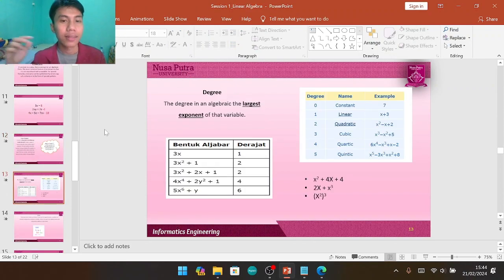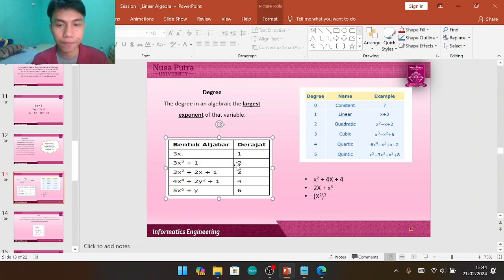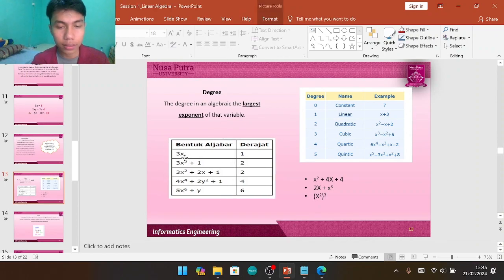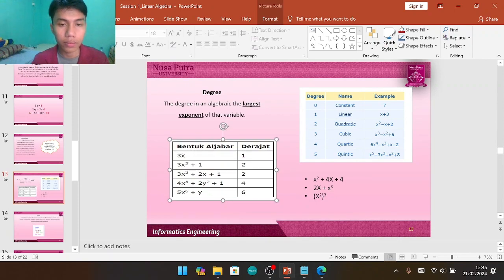Okay, next. Degree. The degree in an algebraic expression is the largest exponent of the variable. So here's the example, an algebraic expression in x, where this x is a variable with no written power, so the power of the variable is 1.